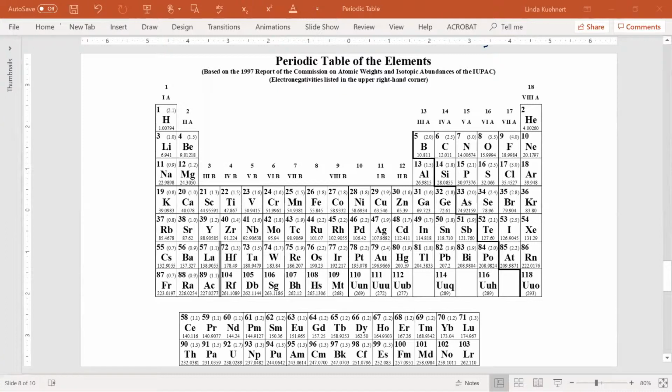Okay, when we talk about this stepladder line, our metals are on the left side of the stepladder line. So elements that are metals are on the left, and elements that are nonmetals are on the right.